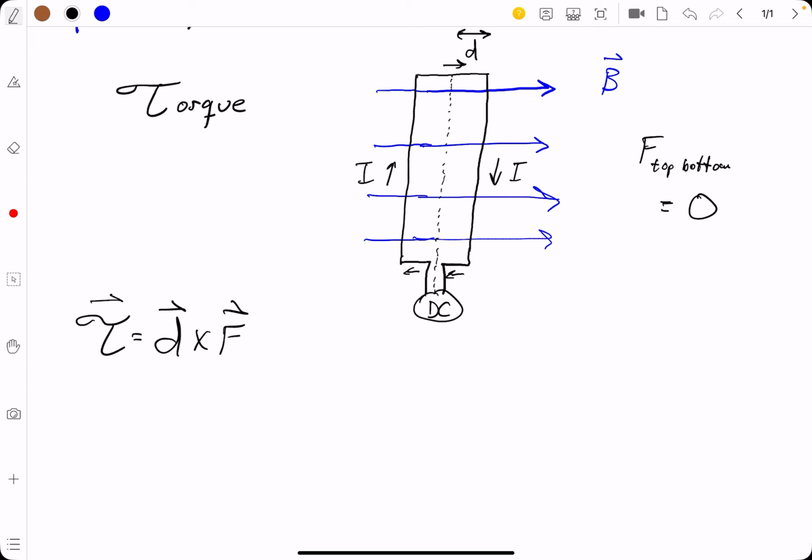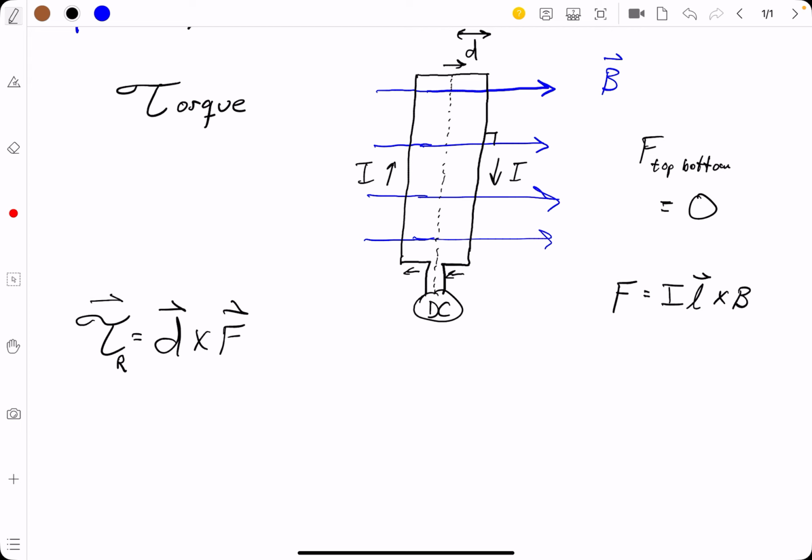So now we need to figure out what F is, and we already know that F is equal to our I L cross B. So should we do the right side? Let's do the right side first. And our force is whatever the current is, and everything's perpendicular to each other, right?